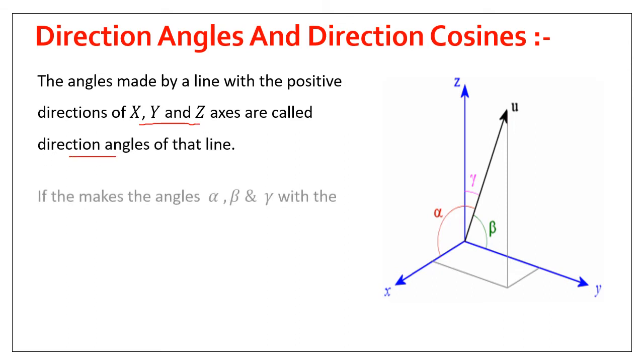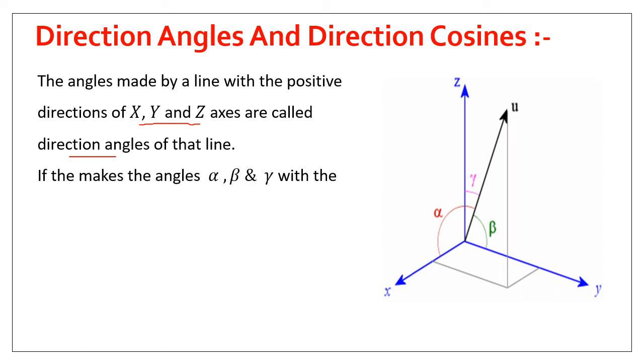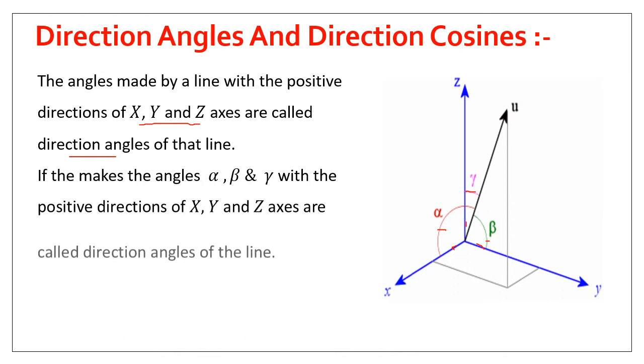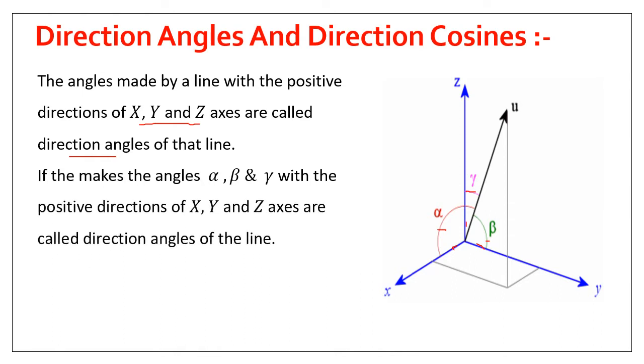See student, if the line makes angles alpha, beta and gamma with the positive x, y and z axis, then they are called the direction angles of that line.